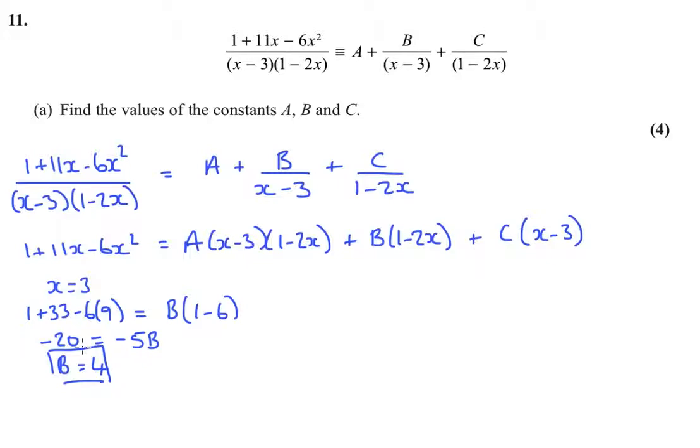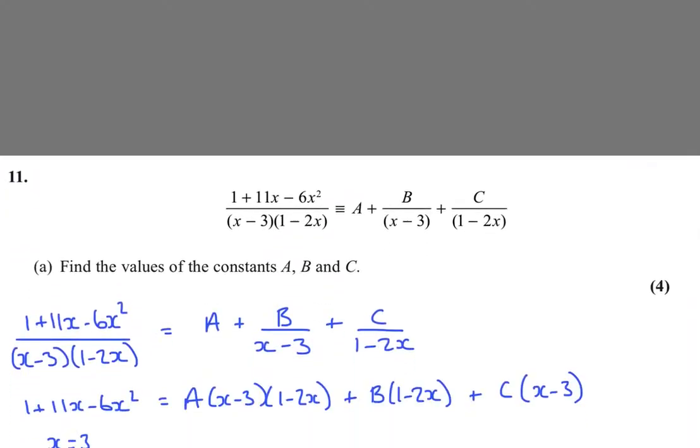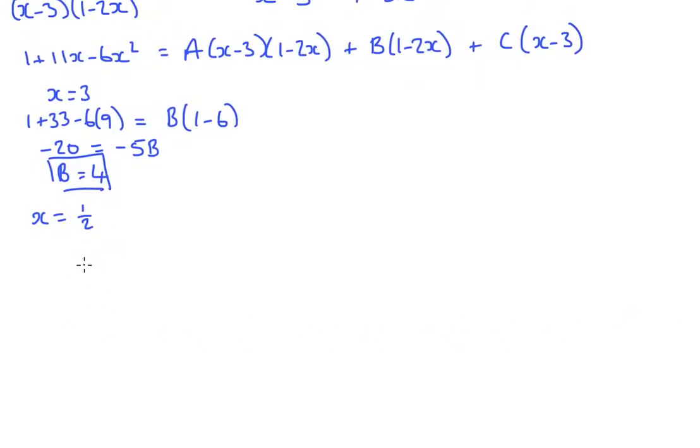Next thing we're going to do is let x equal a half, and that's going to make this term disappear and this term disappear and hopefully allow us to work out C. So when x is equal to a half, we've got 1 plus 11 over 2 minus 6 times a quarter is equal to, as I said, the B term's going to go, and we're going to have C times minus 5 over 2. 1 minus 3 is minus 2.5.